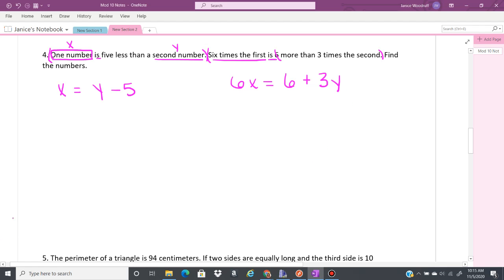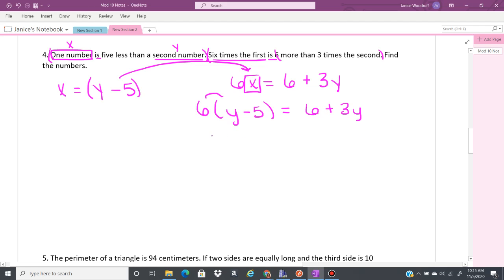So you have 2 equations, and you have a system. This is already solved for X, so I can just plug it in for X right here. So this would be 6 times Y minus 5 equals 6 plus 3Y.